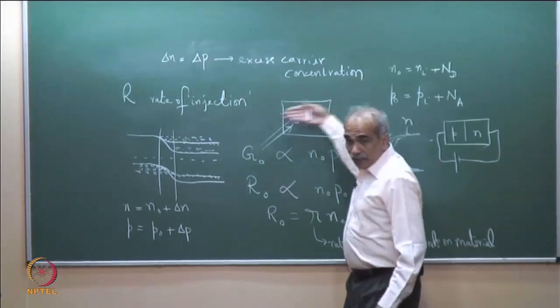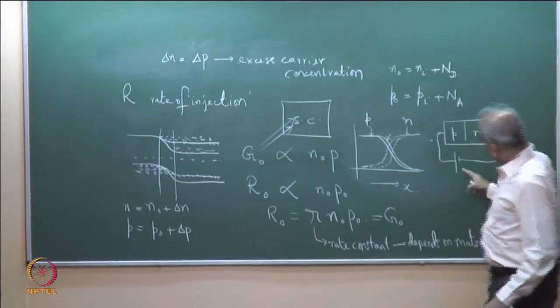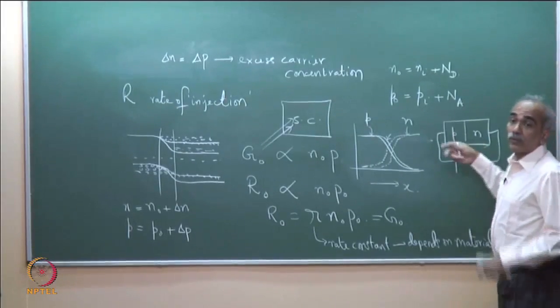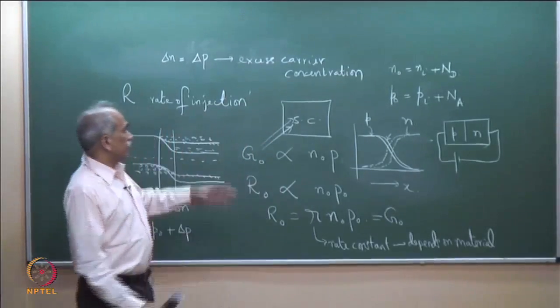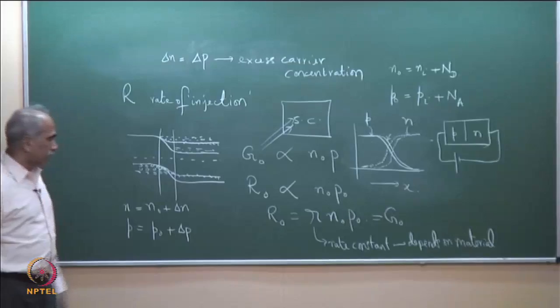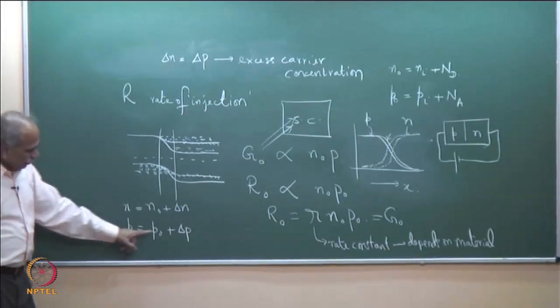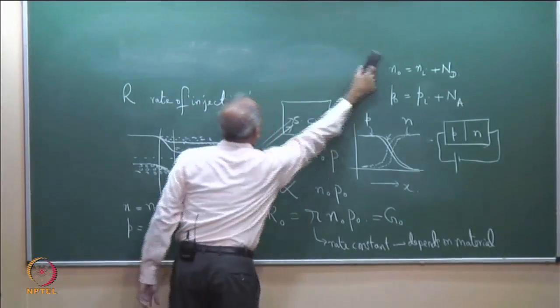Similarly, when you inject current, for every electron which is coming from the negative side here, a hole will be released here. Therefore, delta N is equal to delta P always, whether it is by illumination or by current. Therefore, N is equal to N0 plus delta N, P is equal to P0 plus delta P.